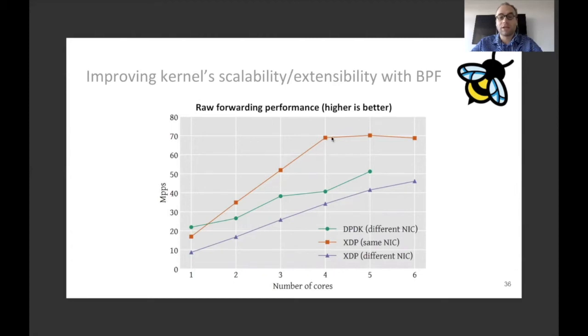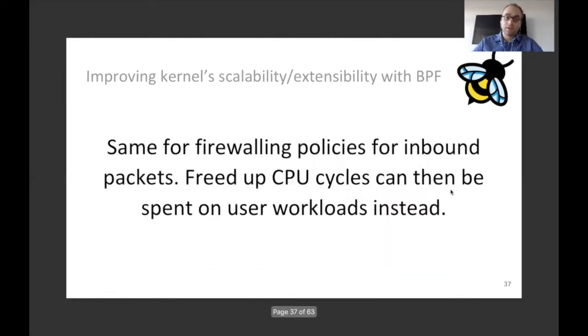So you can see XDP reaching up to 70 million packets per second for 4 cores, and DPDK in comparison only 40. If you send out a different NIC, then XDP is slightly worse than DPDK. But the same NIC scenario is perfect, for example, for use cases like load balancer on a stick.